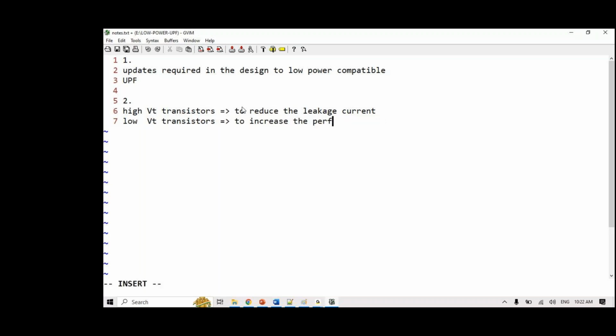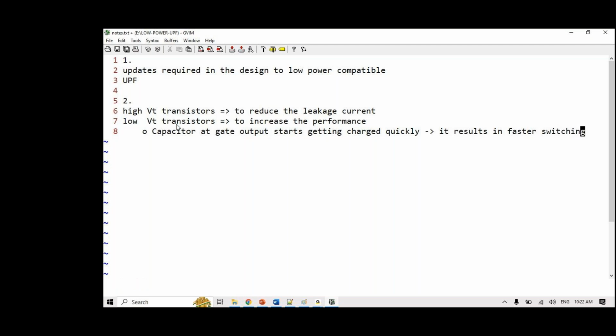How it increases performance we have already discussed: when you reduce the VT, at a lower voltage itself you are able to establish the channel, so the capacitor at the gate output starts getting charged quickly. Hence it results in faster switching, and that is where the performance increases.